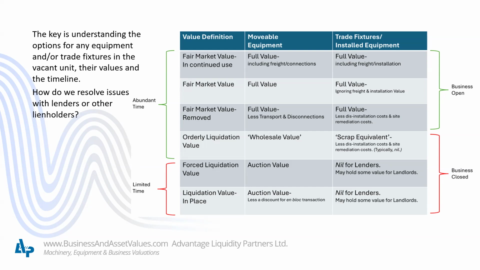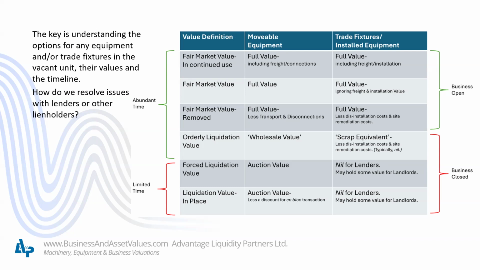And this is where a machinery and equipment appraisal comes into play, because in the scenario of a closed business and limited time, meaning that the landlord wants to get back to cash flow and is going to be signing a lease with somebody else, what that means is that at that moment the equipment is probably at its lowest point. So we're looking at forced liquidation value or liquidation value in place.